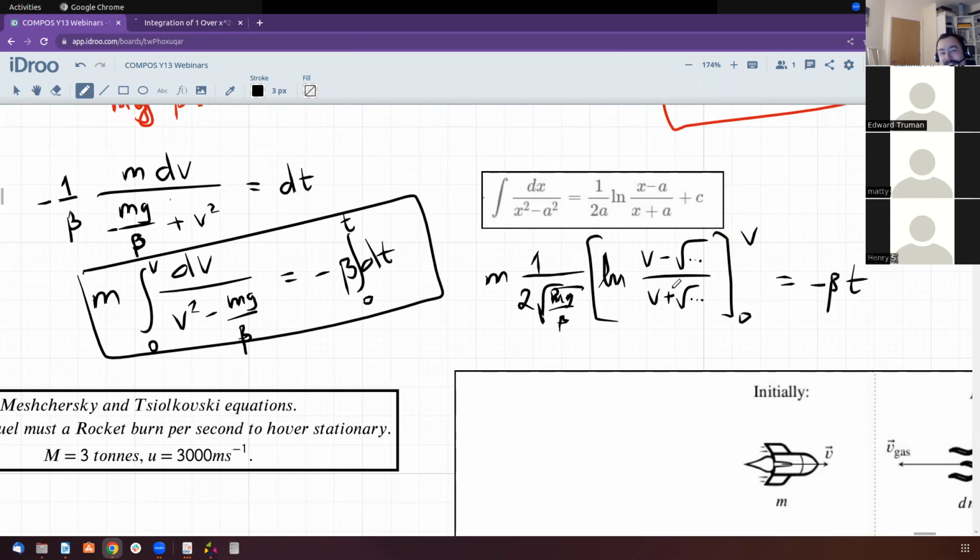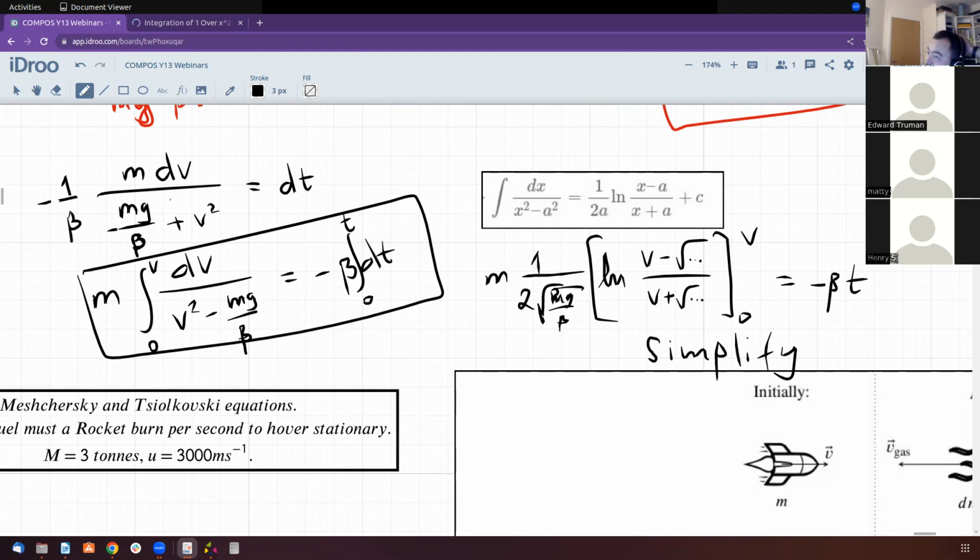And all you need to do is just simplify this. I'll leave you to do the fun stuff. Simplify. And this is the final problem. This is problem 14.